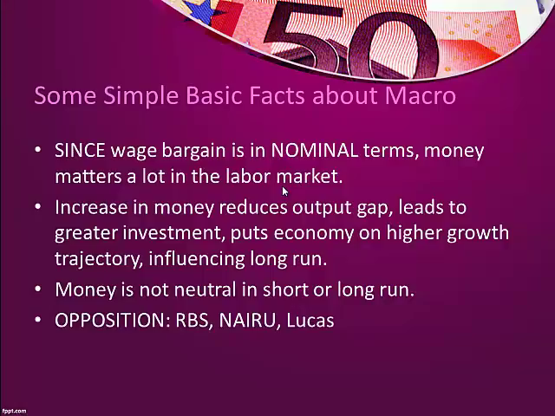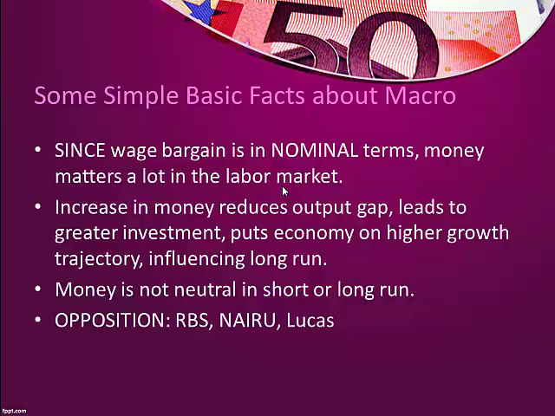So money is not neutral. Because of these facts, money is not neutral in the short run or in the long run. But the major modern theories which are currently being taught and believed, the real business cycle theory, says the opposite thing.